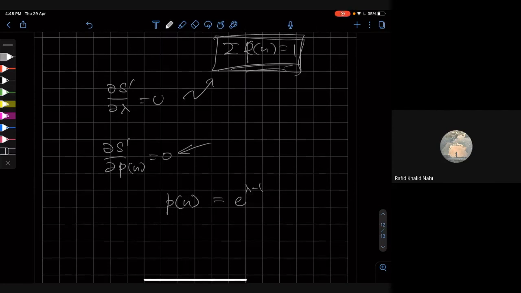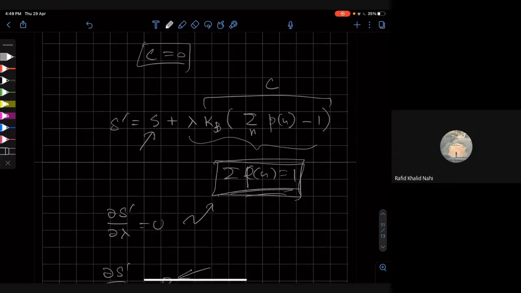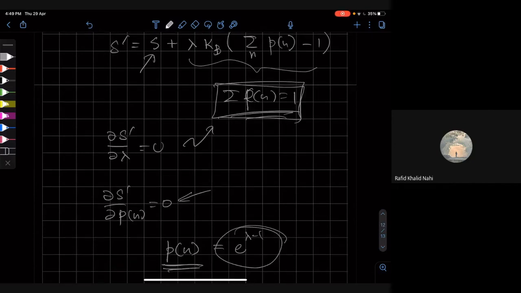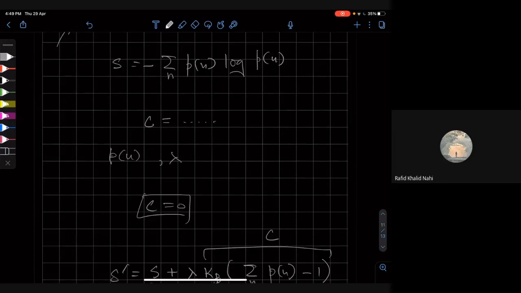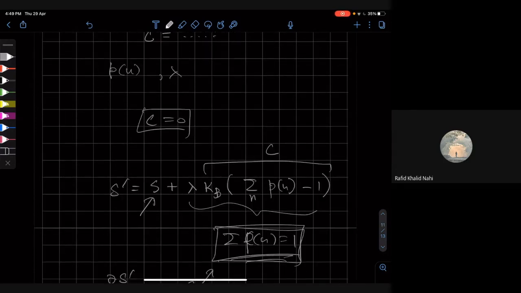So what we're getting here is that the probability is a constant for any state, right? Which is exactly the microcanonical ensemble. So if we add this constraint, it gives us the microcanonical ensemble. And what this question is doing is that I basically did problem number 1.